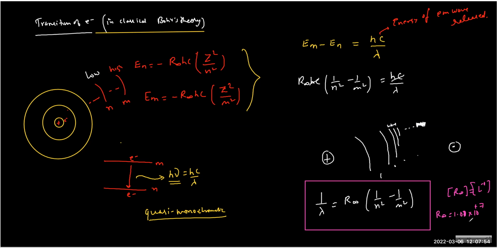That is the Rydberg constant value. You can just check it out. Maybe I am missing some decimal place. So you should even remember the value of the Rydberg constant.